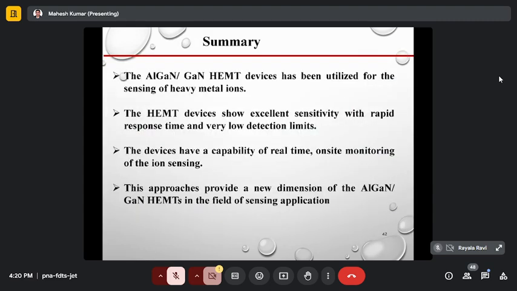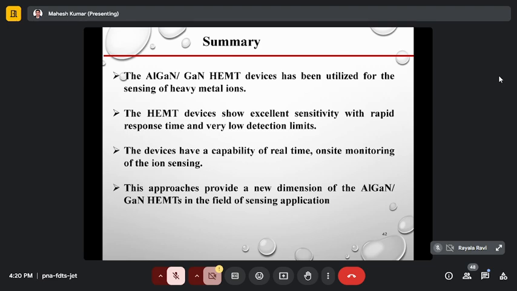So with this, I would like to conclude my talk. We have grown aluminum nitride and gallium nitride high electron mobility transistors, and we have discussed how we can fabricate them, how these high electron mobility transistors are different from field effect transistors, and how they are useful for heavy metal ion sensors, because we are putting the device in water.